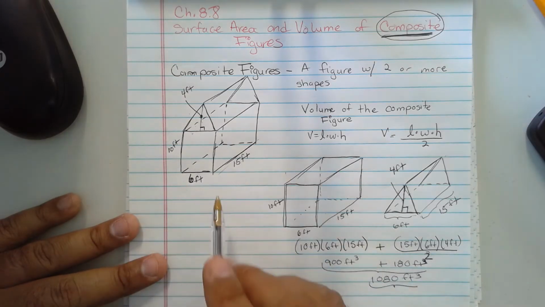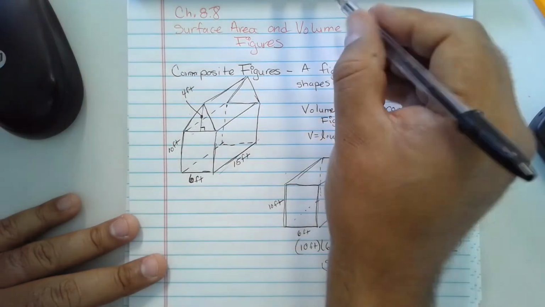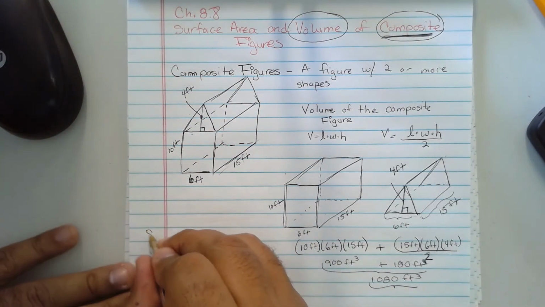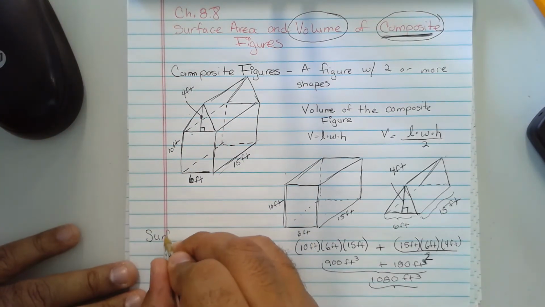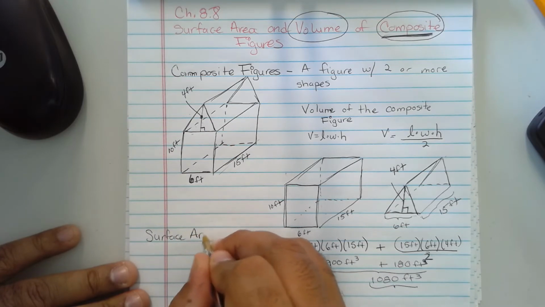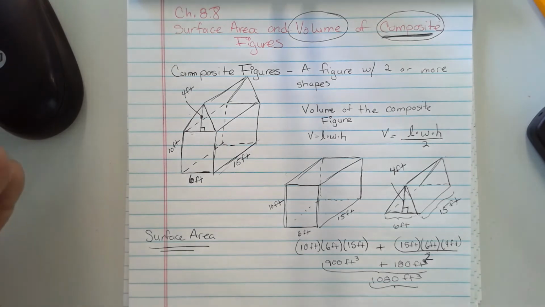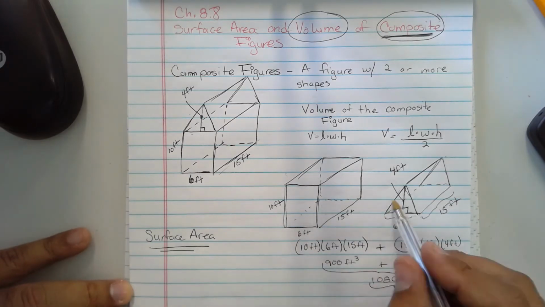Now, notice that this was the composite figure. We're finding the volume. Now we're going to do the same step, but we're going to find the surface area. Now, remember I told you about surface area. Surface area basically means to wrap it up, to cover it up, right? Well, we're going to take both of these right here again.